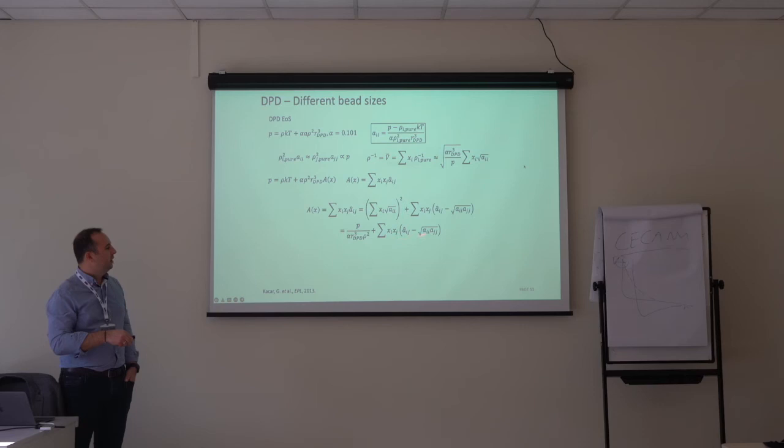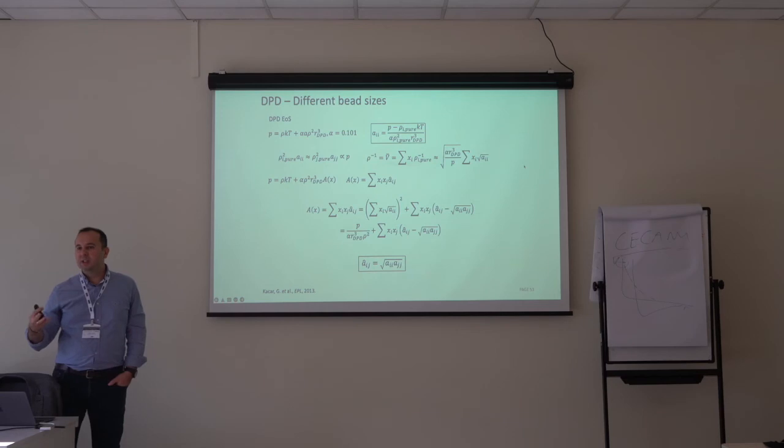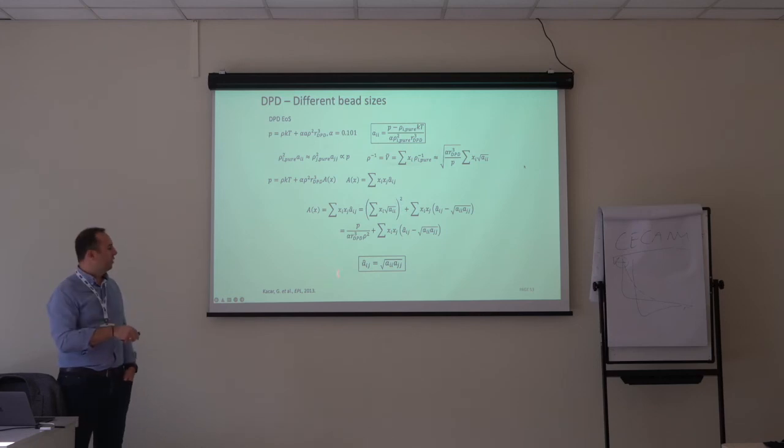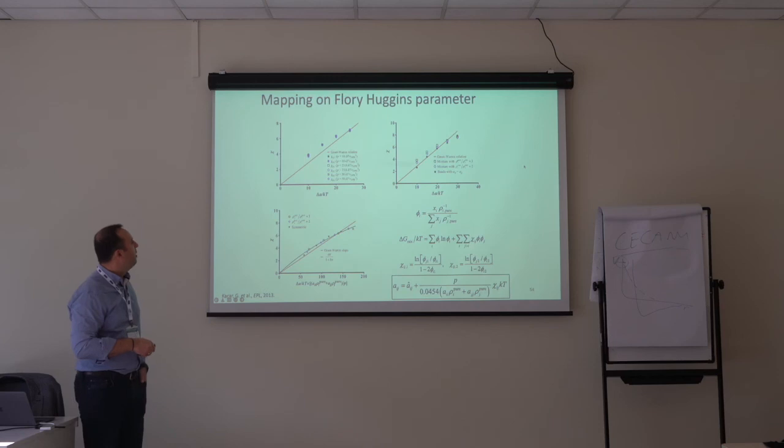This term already gives us the composition: if you have different self-repulsions for I bead types and J bead types, this is the mixing condition. You have the mixing condition of the geometrical average, such that your system is mixed if you satisfy this one. We already published this in 2013, a long time ago.